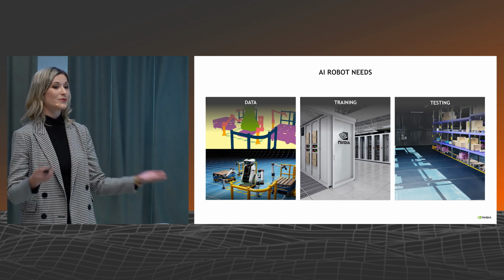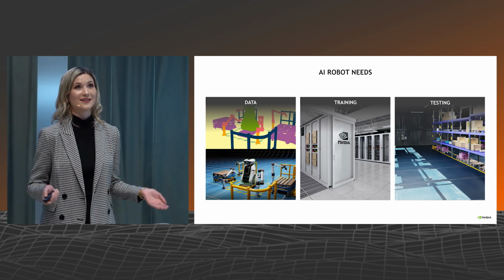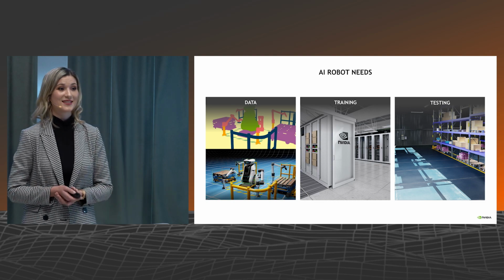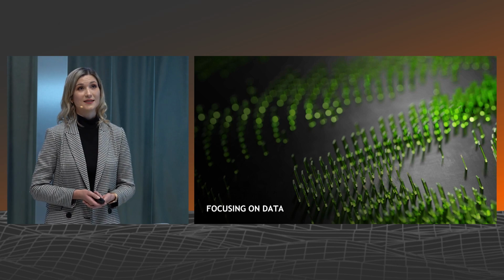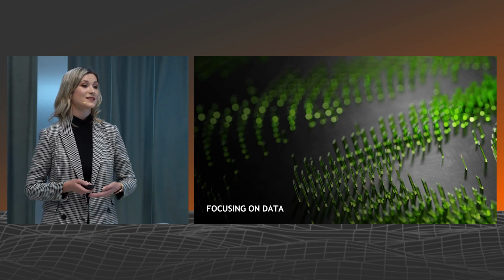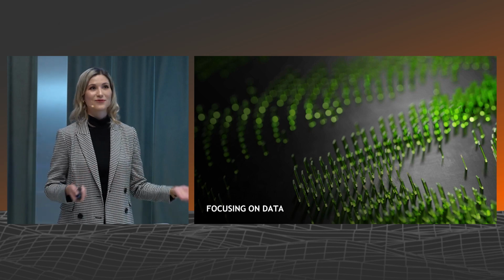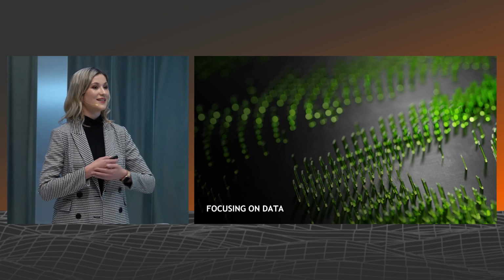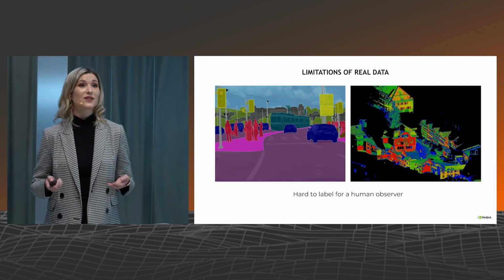So what do AI robots actually need? AI robots have many needs. And the first and the biggest need is data. Data is the fuel of digital worlds. They run on data. And anything related to AI, you need a lot of data. Of course, you need a lot of training.